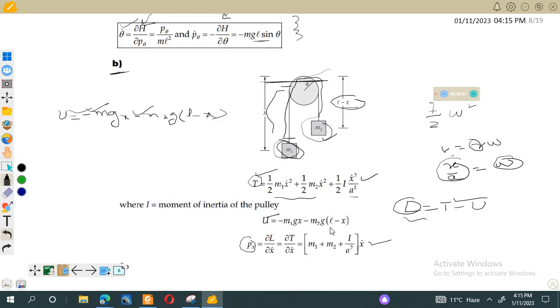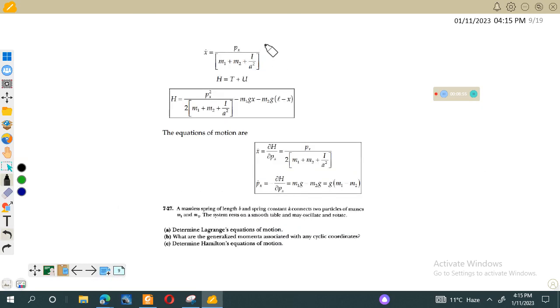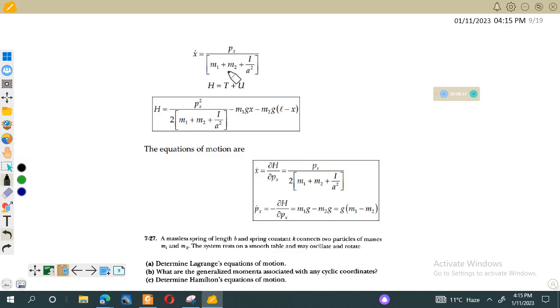Okay, at this position we can find the value of x dot, and further this will lead to x dot is equal to px over m1 plus m2 plus I over a square, where I is the moment of inertia as already discussed. When we plug this into the expression px x dot minus L, we have a Lagrangian as previously, in terms of px and x dot.